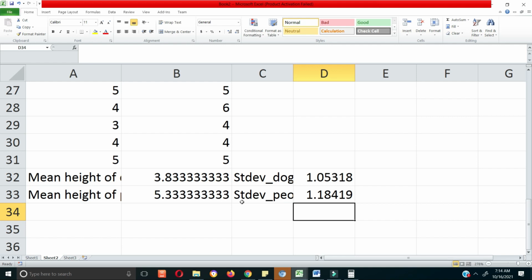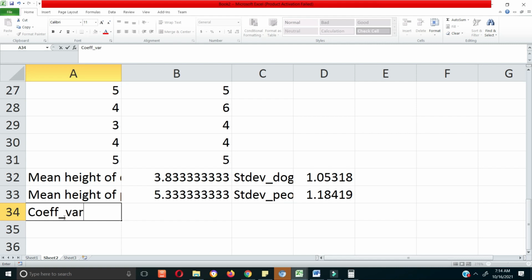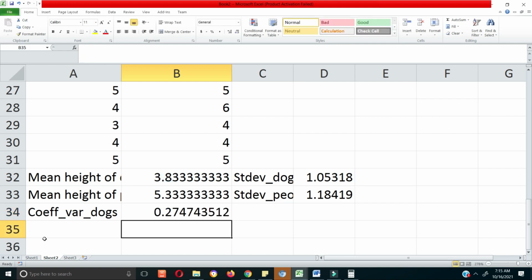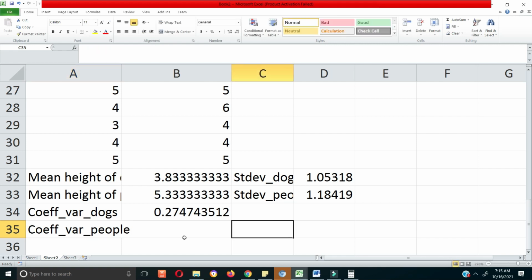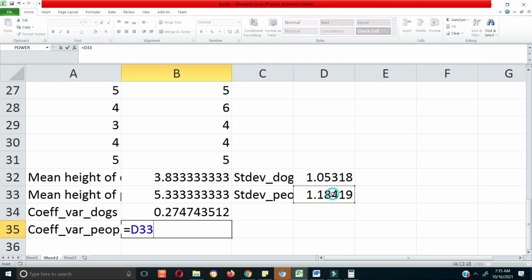So if you normalize by the mean to get the coefficient of variance, the coefficient of variance for dogs is going to be the sample standard deviation for dogs divided by the mean for dogs, and then the coefficient of variance for people is going to be the sample standard deviation for people divided by the mean for people.